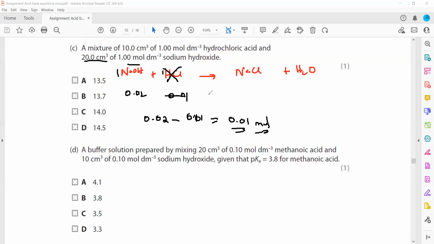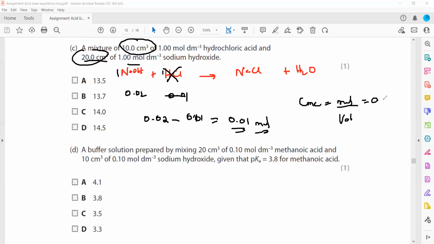Now, after having the moles of sodium hydroxide, we need a concentration. But what is the concentration now? Original concentration was 1. But what about the new concentration? Because the total volume has changed. When you mix 10 cm cube with 20 cm cube, the total volume is 30 cm cube. To get the new concentration, the concentration is moles divided by volume.